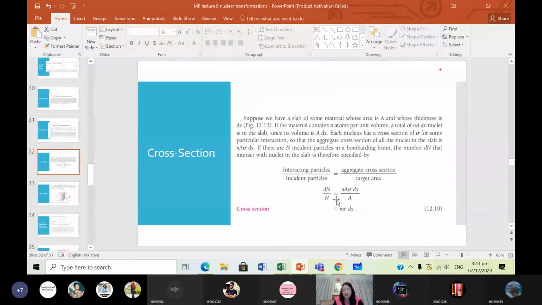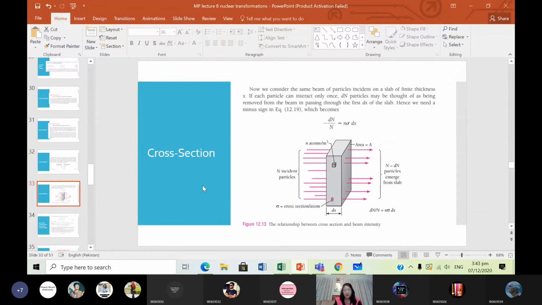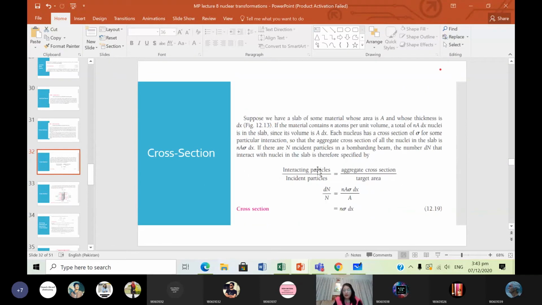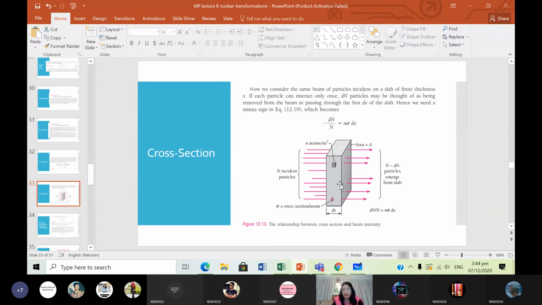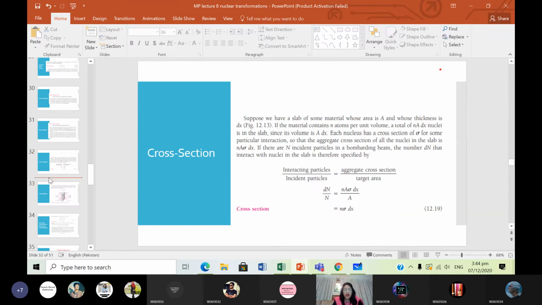Incident particles is the total number of particles that are trying to pass through this material, and interacting is the number that will interact. So the total number of particles passing through will be proportional to the area, and interacting particles will be proportional to NA dx, and there will also be a product with sigma. So basically dN by N will be equal to N sigma dx. Is this making sense?